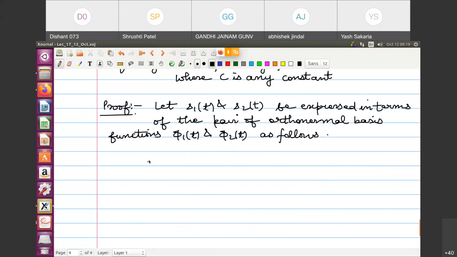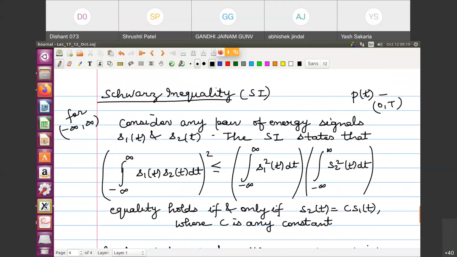Okay, so S1t, suppose we write it like this: S11 phi1t plus S12 phi2t. Similarly we write S2t as S21 phi1t plus S22 phi2t. Obviously this Schwarz inequality is for those signals which have finite energies, otherwise the right hand side, which is energies, would not be finite. So consider any pair of energy signals. For signals for which energy does not have a finite value, this inequality cannot be used.